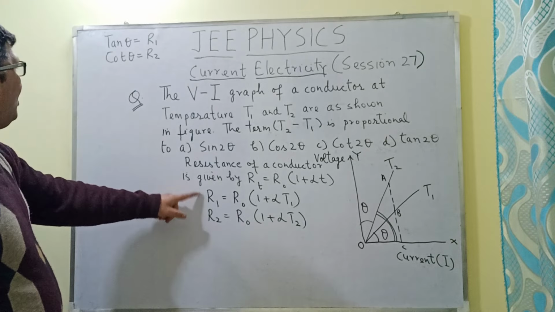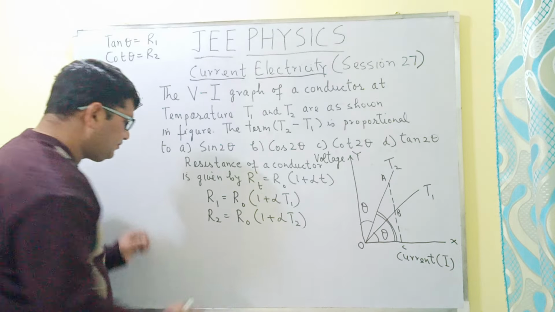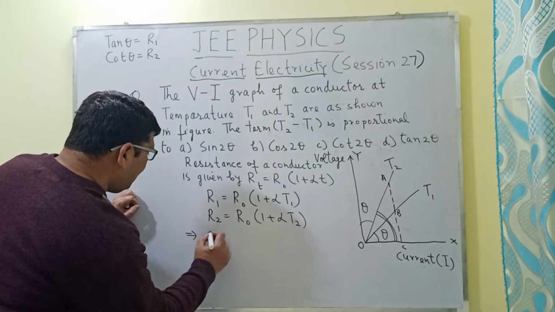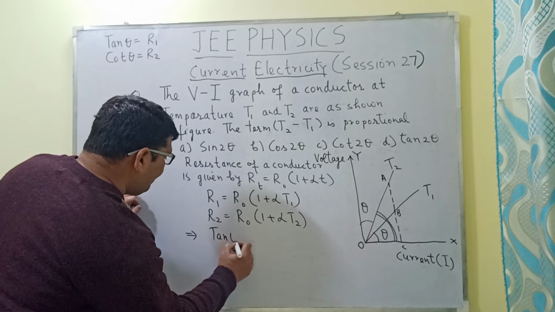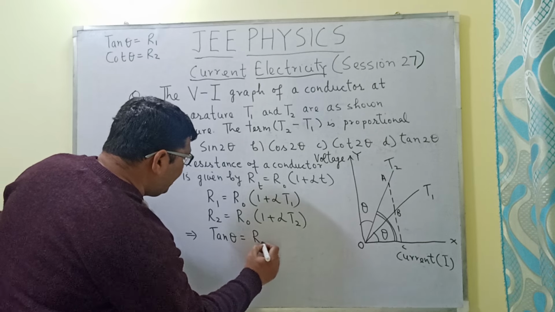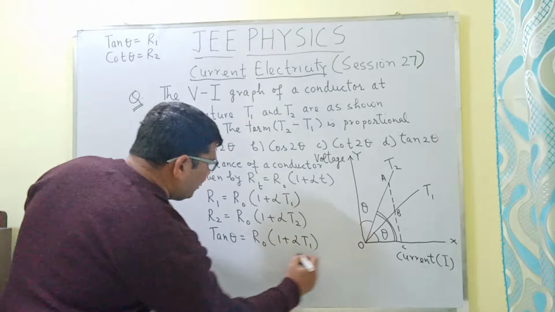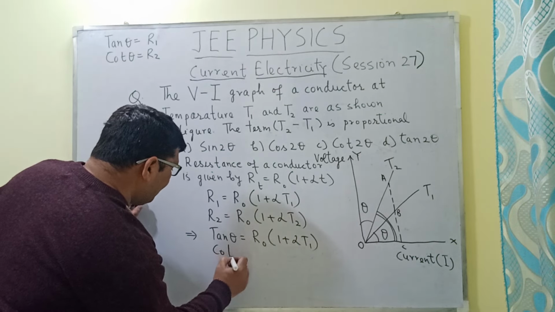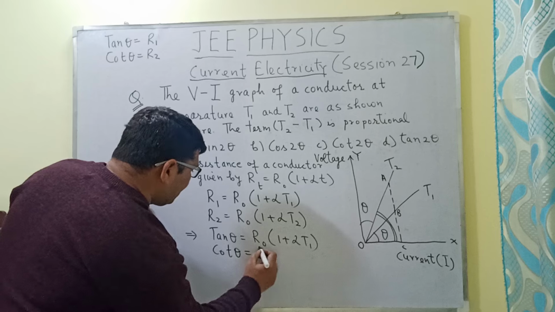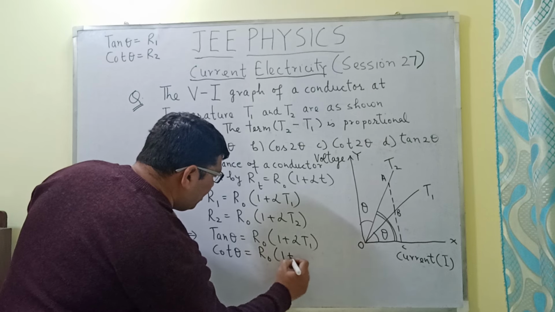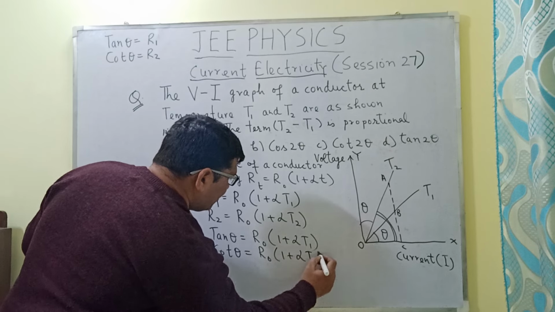Now R1 is equal to tan theta. So it implies that tan theta is equal to R0 (1 plus alpha T1), and cot theta is equal to R0 (1 plus alpha T2).